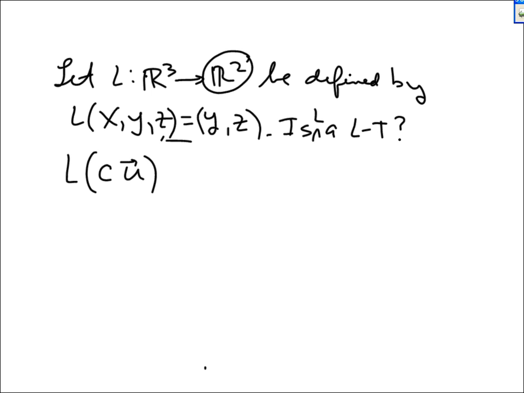I'll use the same u as the last part. So then I get C times u. Oops, I used x1, y1, z1 for u. So I get C times x1, comma, C times y1, comma, C times z1.